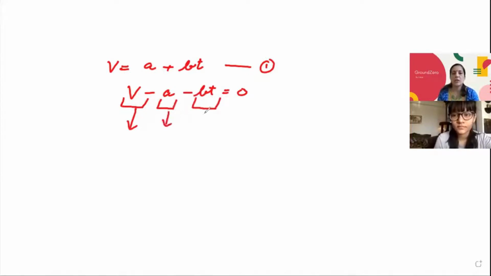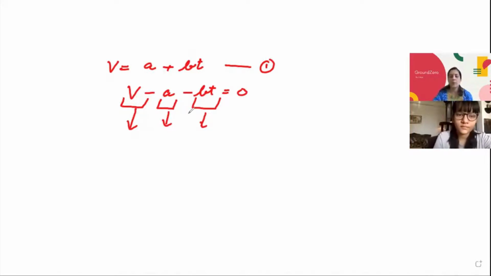So each term will have the same dimension in any equation. Or we can say the principle of homogeneity says that we can add and subtract the same physical quantities. Always, only the same physical quantities are added and subtracted.